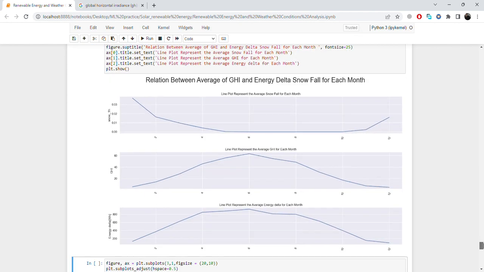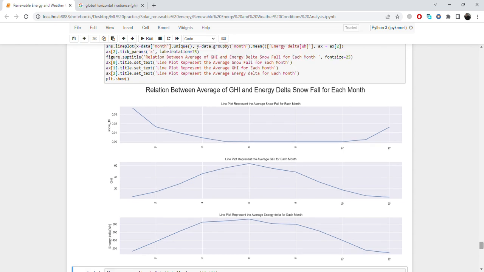Now we can see, although we have snow for this hour, here you can see the energy delta versus the month. We have more energy requirement from the fourth month to mostly the ninth month, and we have the same pattern in the graph for the GHI, from the fourth month to the eighth month.